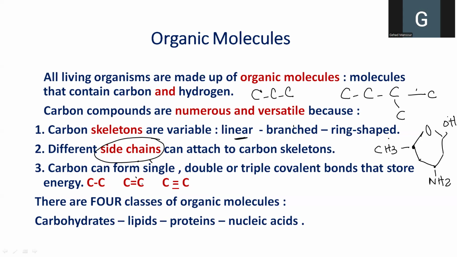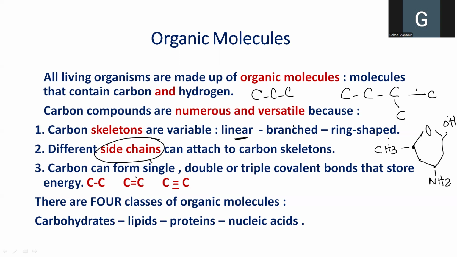So the carbon skeletons, as you will see later on, represent the skeletons of the major molecules of life, and can attach different functional groups, and of course every functional group will provide a certain characteristic to the whole molecule.